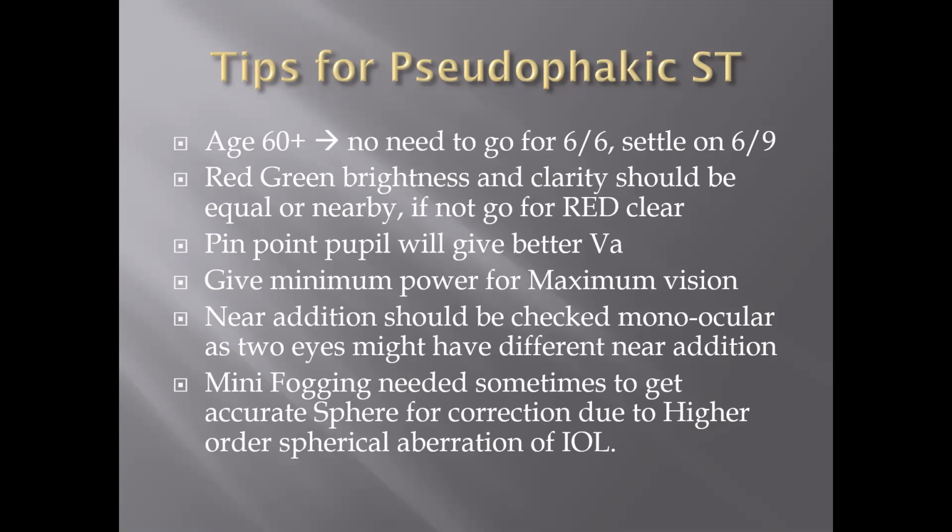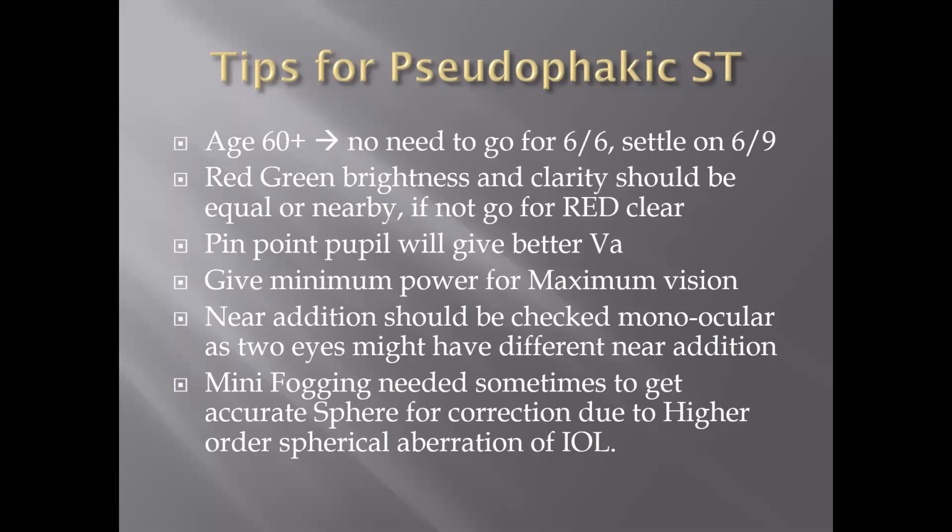A pinpoint pupil will give better visual acuity. Suppose two patients each have 2 diopter myopia. In one patient the pupil size is 2 millimeter, and in the other the pupil size is 4 millimeter. The smaller pupil will be corrected with less power; he might be corrected with 1.25 diopter also.